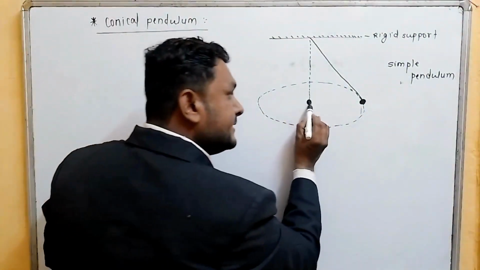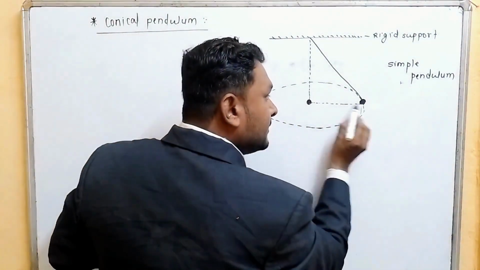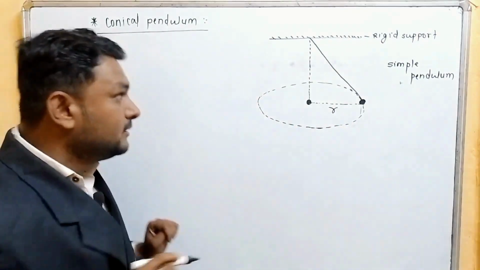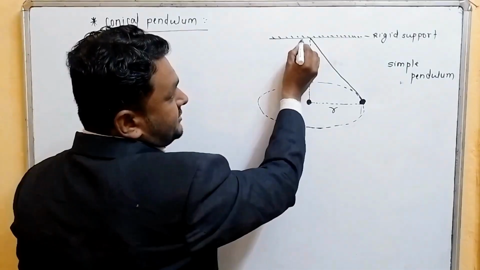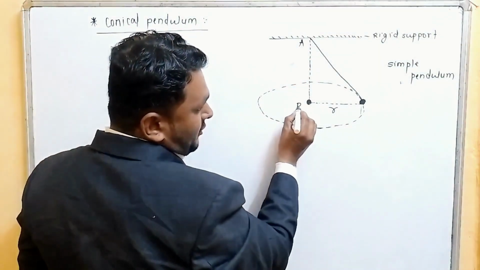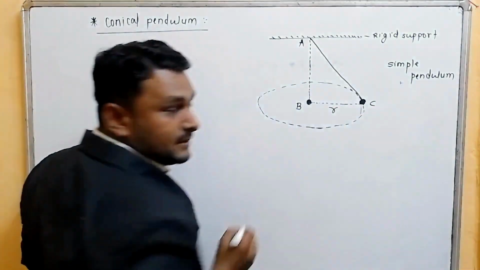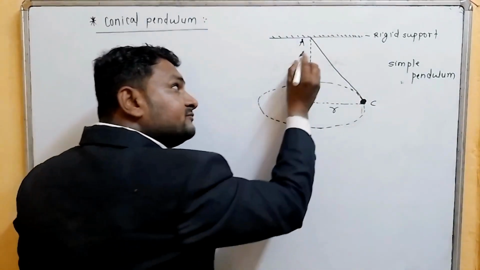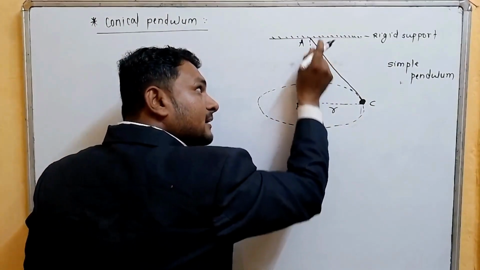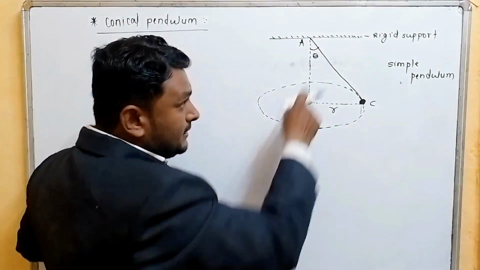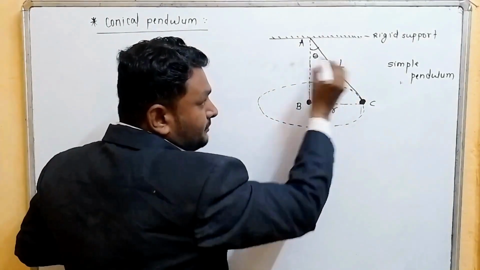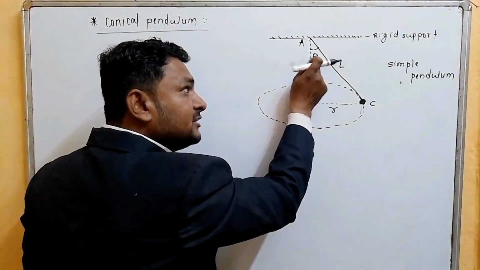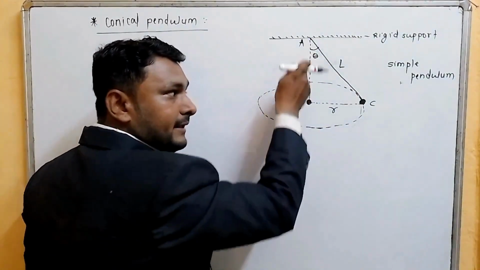Now imagine that the bob is present here, and this is the radius of the horizontal circle, isn't it? You can say this is the point A, this one is the point B, and this is the point C. Now this string is making an angle of theta with the vertical axis.